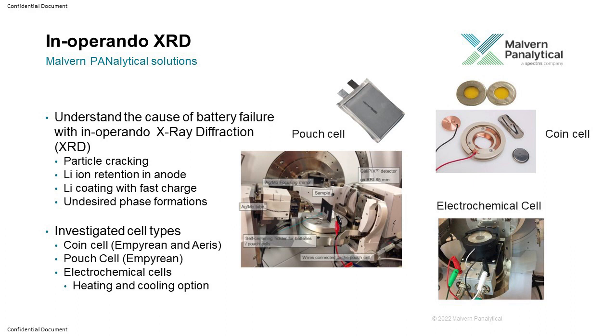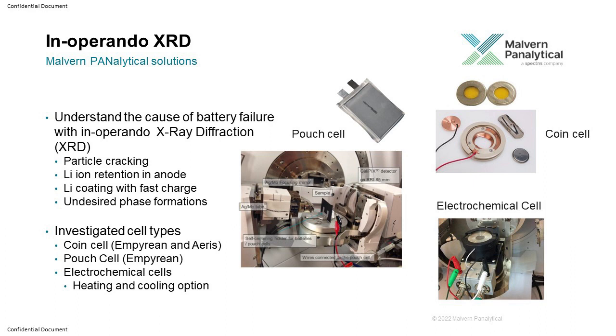You can assemble this electrochemical cell in a glove box. So you open this in a glove box, put your electrode materials, separator, and the electrolyte, assemble it in the glove box, take it out, and put it on XRD. It is like a coin cell, but it is reusable, has a beryllium window, and you can use it multiple times for different kinds of research chemistries.